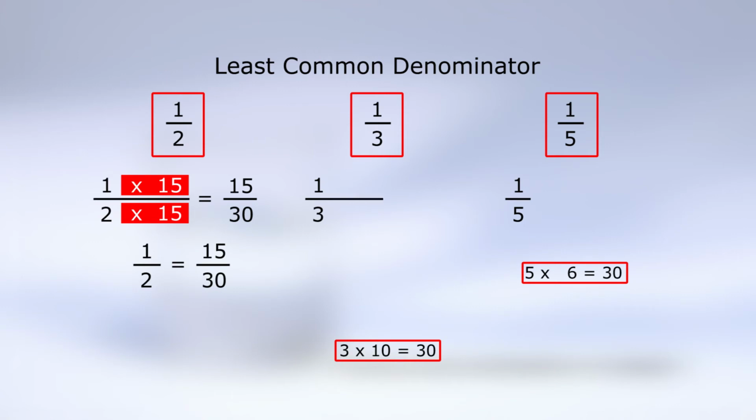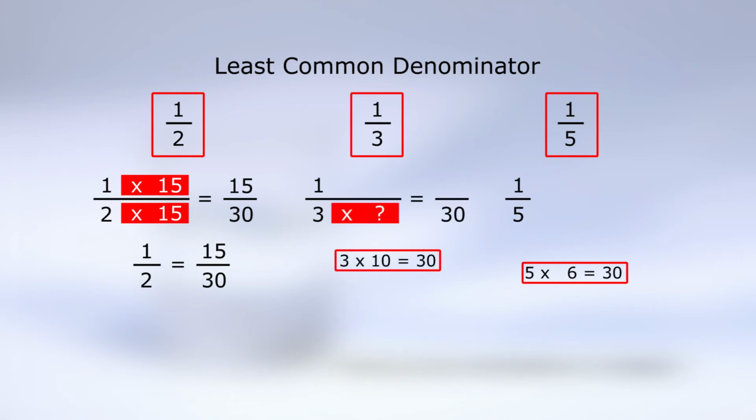For a third, what number does 3 have to multiply with to get an answer of 30? That would be 10. Again, by the rule we just recited earlier, we must multiply 10 on the numerator. So a third can be represented as 10 over 30.